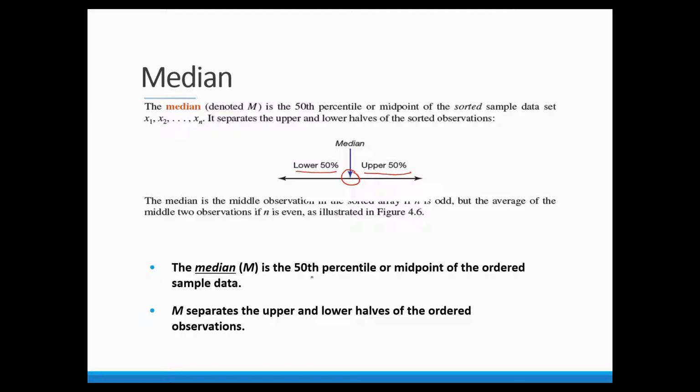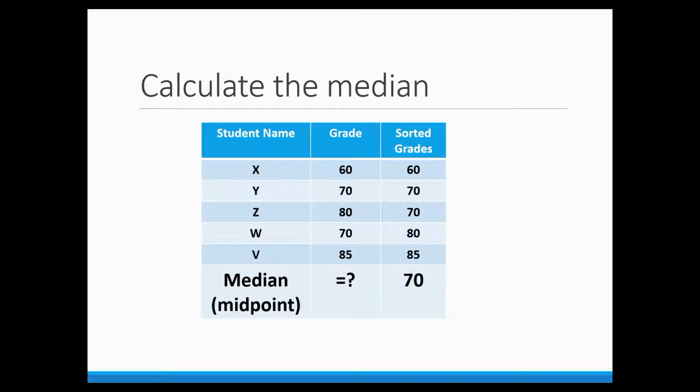So the median is called the 50th percentile, or the midpoint of the ordered sample data. So M separates the upper 50% of the data set and the lower 50% of the data set.